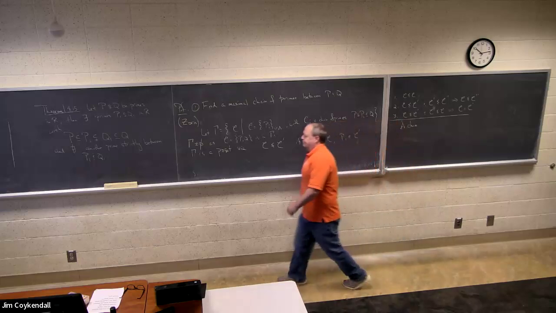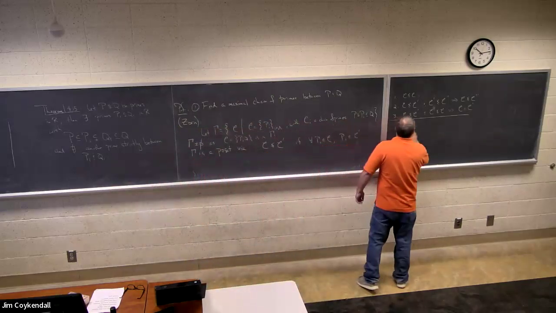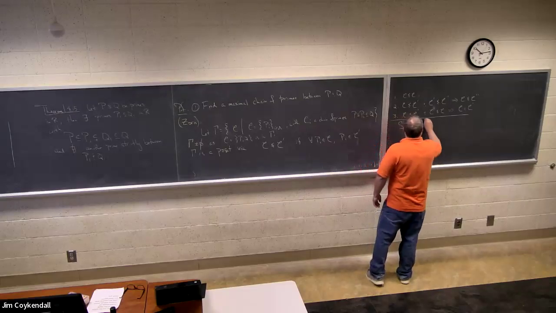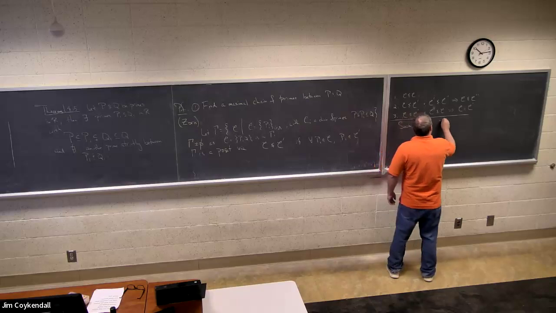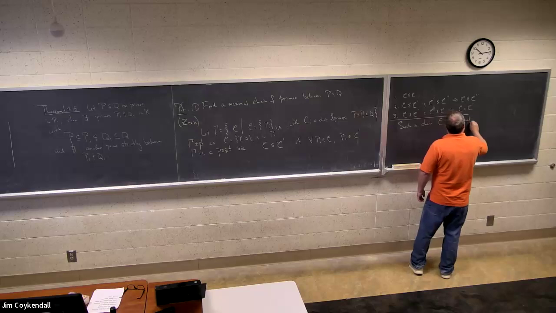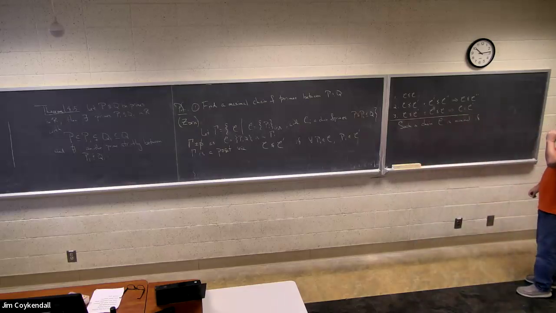Let me word this differently. So a chain C is maximal if you have a prime ideal outside the chain, that prime ideal cannot be comparable with every element in the chain.